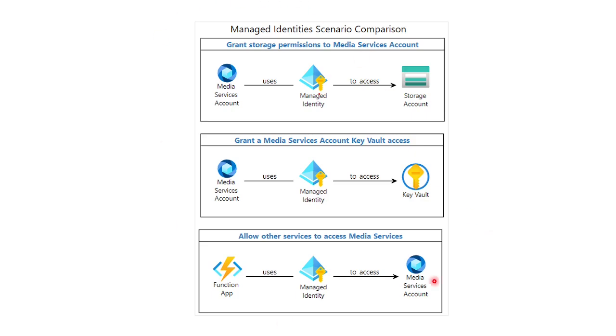So, yep, there we go. That's a beautiful screenshot that lets you understand what the concept of a managed identity is all about. So, let's say your media services account is basically an Azure web app that's been deployed, and it wants to access a storage account.